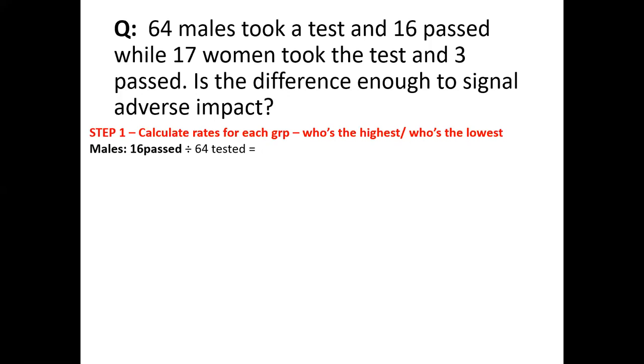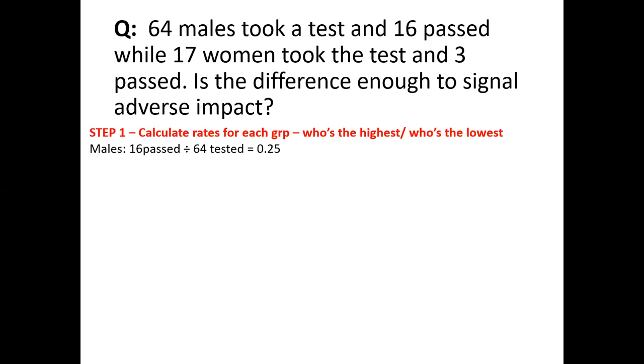Can you guys, in the meantime, calculate the pass rate? 16 out of a possible 64 people passed. What do you get? Perfect. Let me know if I'm going too fast, or if you get a different number. 16 divided by 64 is 0.25.